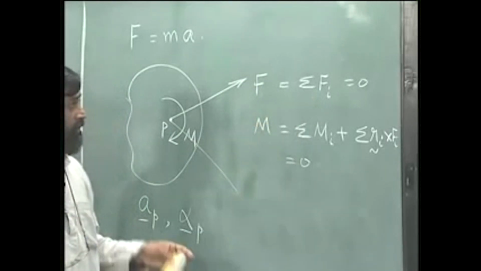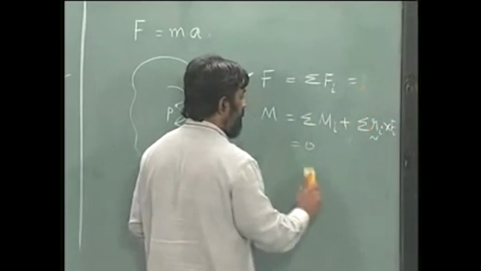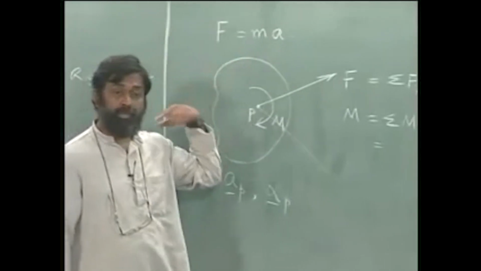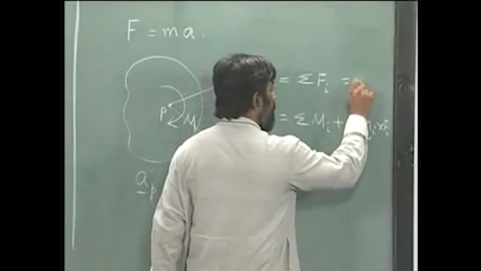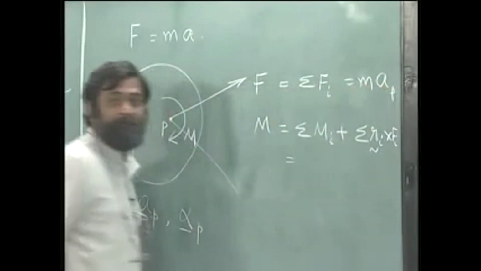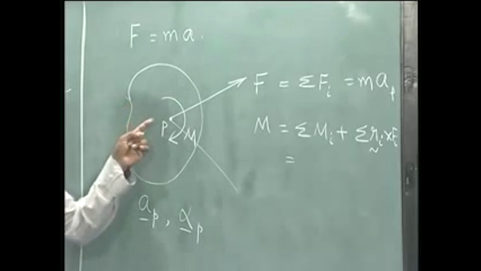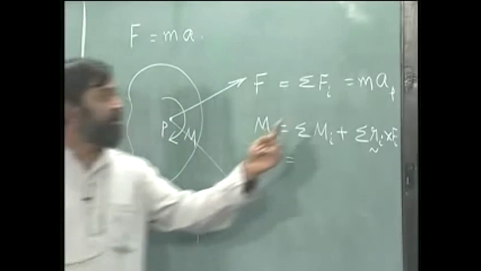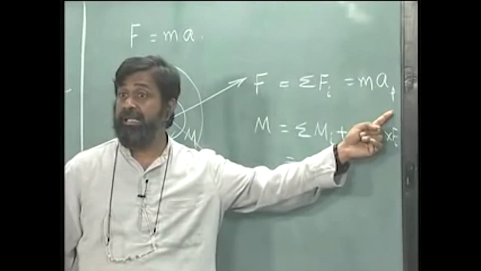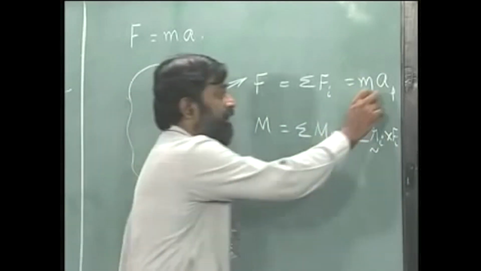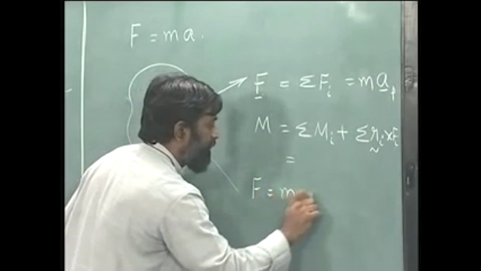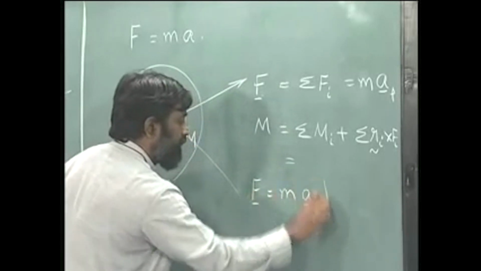What I will do is chop this off, since it is an acceleration and it has to obey Newton's laws, F is equal to total mass times AP, because the force resultant in question that I have found is with respect to P, and I find the acceleration of that particular point in the rigid body, that is AP, and I get an equation. Remember this equation, F equals MAP, is a vectorial equation.